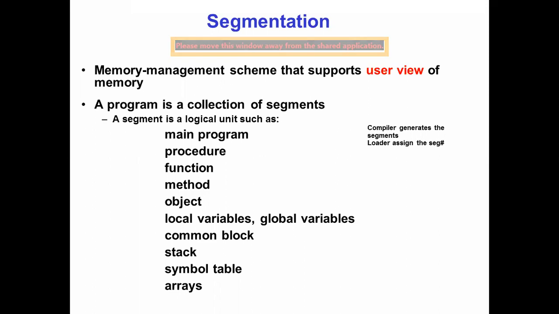But in the case of segmentation, the requirement is based on the dynamic process. Okay, so memory management is a scheme that supports the user view of memory. Now again, we will see the diagram, and then you can differentiate between these two diagrams, in the case of paging and segmentation. So a program is a collection of segments.